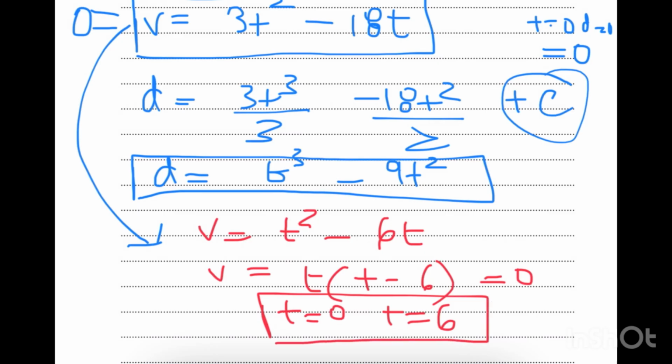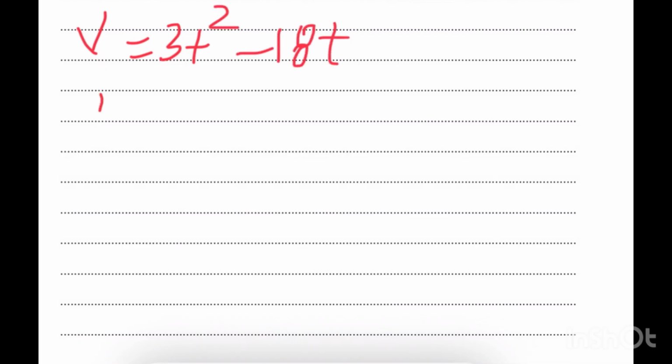Now let's make sure that the particle does not change direction, since in that case distance and displacement will be two different things. We know that the equation for the velocity we found is 3t squared minus 18t, and that the velocity is equal to 0 when t is equal to 0 and t is equal to 6.